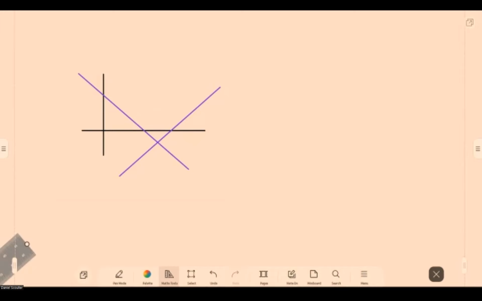Right, okay, we've got 2 lines, and we're looking to find the point of intersection.